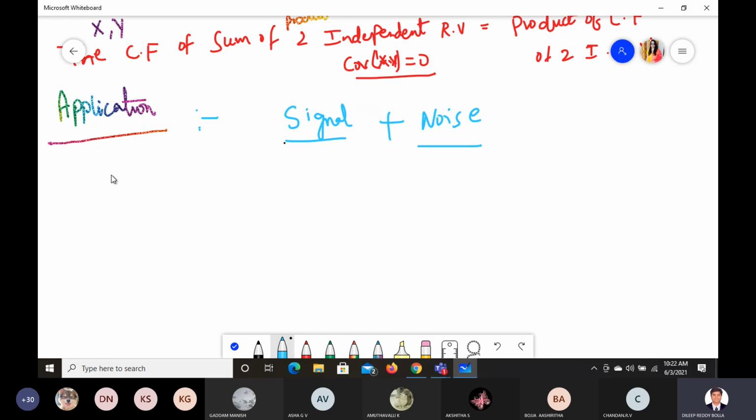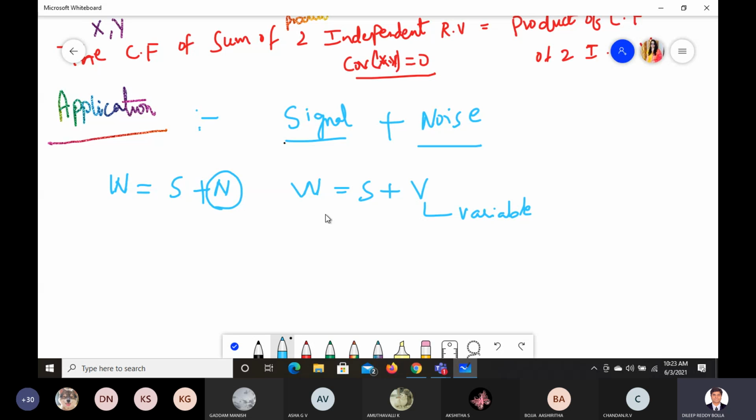So here W is your actual signal that you want to transmit, signal plus noise. Or W is equal to signal plus some variable, because noise we cannot say is a fixed value; some variable quantity will also be transmitted through that.